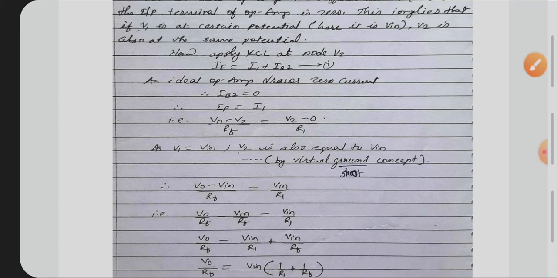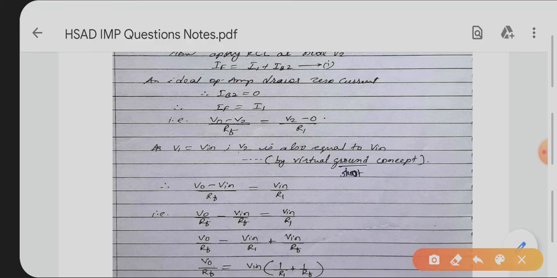So IF can be written in the form of voltage as VO minus V2 divided by RF. I will repeat this. IF is the current flowing from VO to the V2 point and it is flowing through RF. Therefore VO minus V2 divided by RF, V upon R.